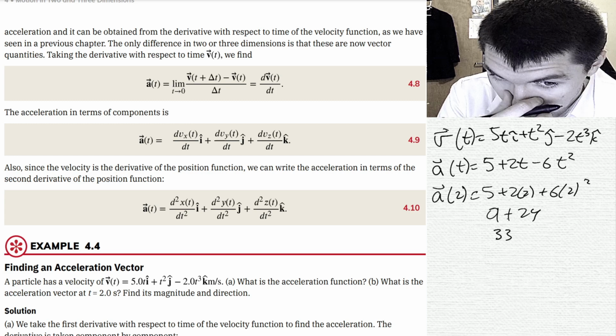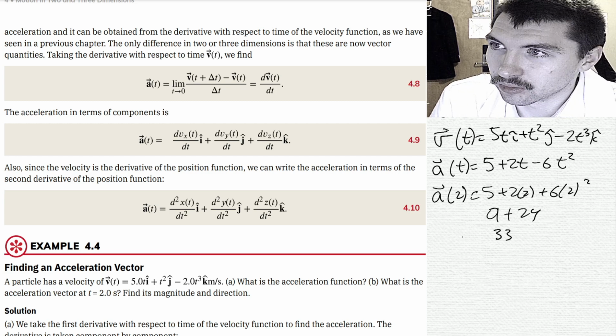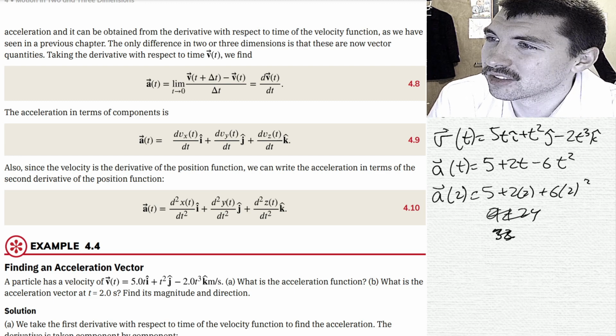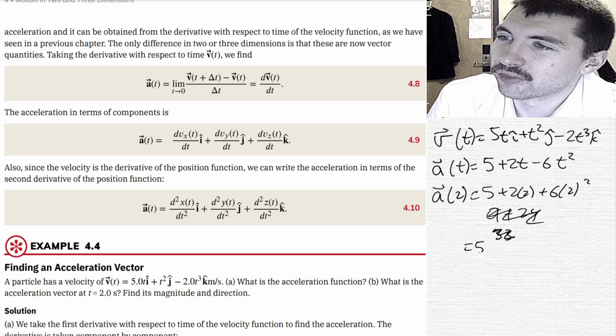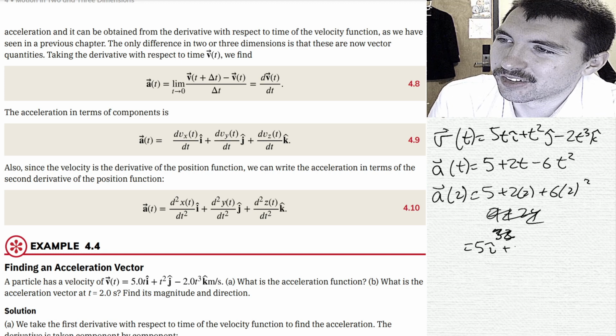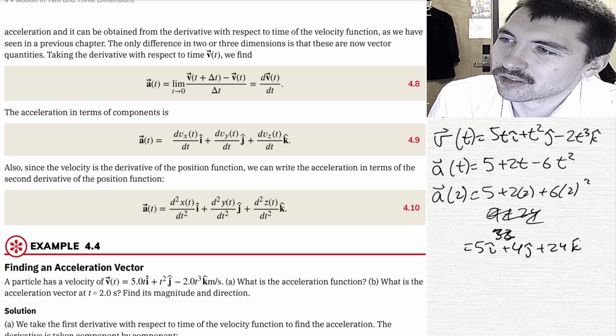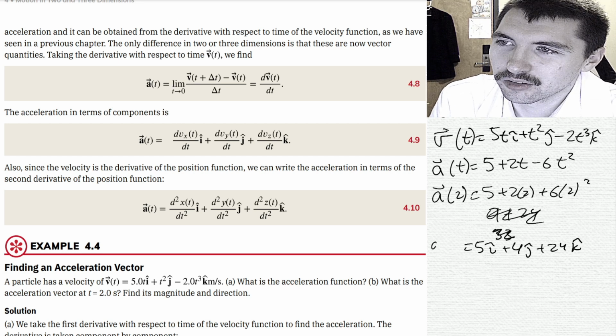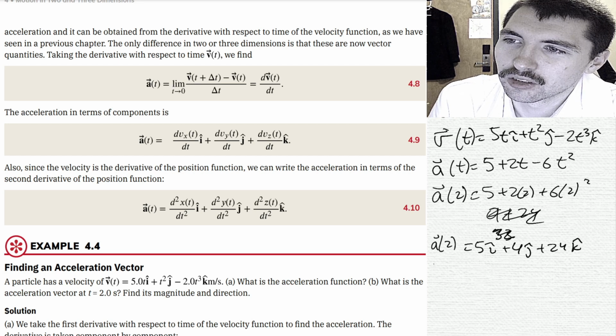Magnitude and direction. Okay, I guess this isn't necessarily right. It should be 5, so I should get out of the habit of doing that. You can't really add these together, these are direction unit vectors. But we can take the norm of a of 2.